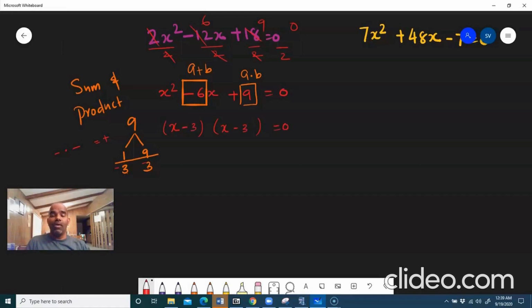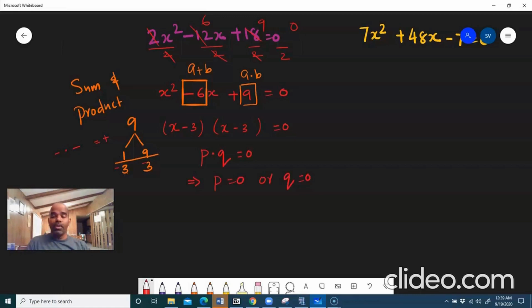Now you have two pieces as the product, so here you have to use the zero product property. That is, if the product of two numbers P and Q is equal to 0, then either P equals 0 or Q equals 0. This is called the zero product property.